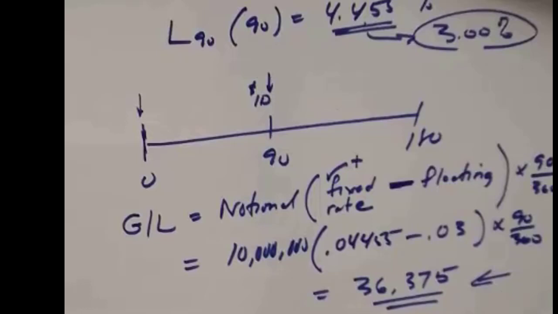So the other thing you want to also keep in mind is, if you look carefully at that forward rate agreement I just dealt with, basically a plain vanilla interest rate swap is a series or a portfolio or a package of forward rate agreements.